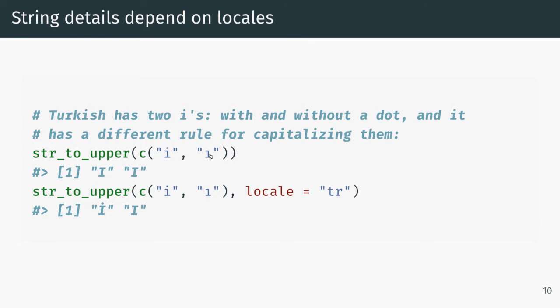So if we capitalize these in the US locale, we get 2 identical characters. But if we set the locale to Turkey, we get 2 different characters. So keep that in mind if you're dealing with international data sets and different character sets than the US examples from class.